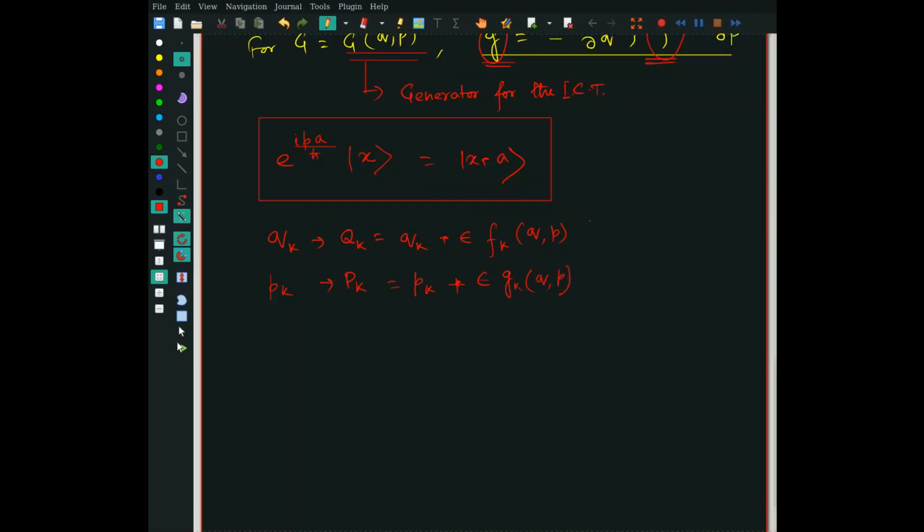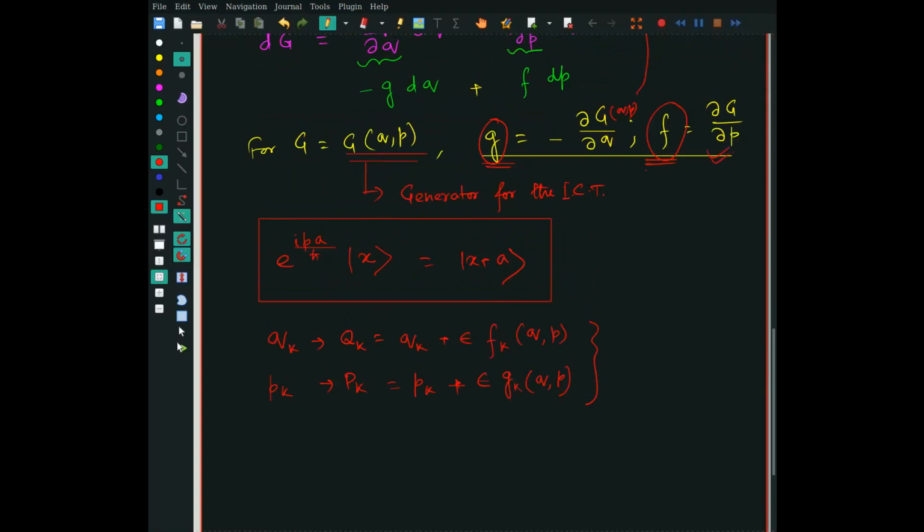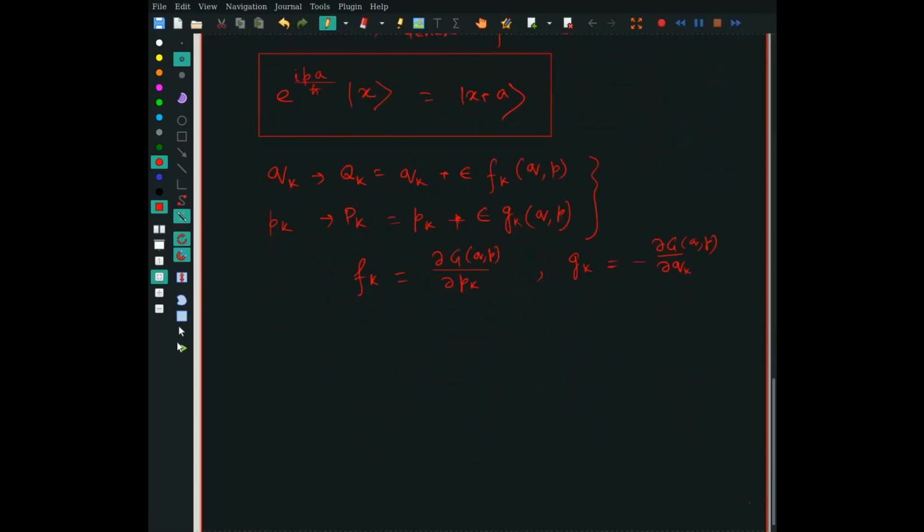Then again, for these transformations to be canonical, you need to have, in the same spirit as these, f_k equals del G(q,p) over del p_k, and g_k equals minus del G del q_k, a function of q and p, of course. So these are the relations you have, right?